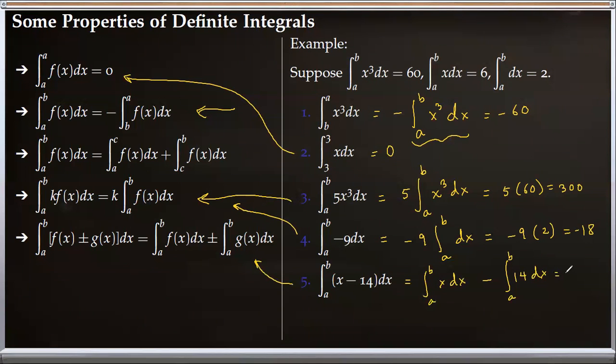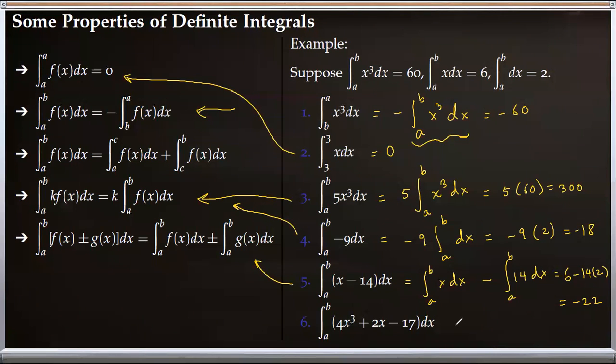So we can write this as the first part here is simply 6 as given. And for the second part, I can write this as 14 times integral of 1. So this will come out to be 14 times 2. And using our calculator, we get 6 minus 28, which is -22. So this is the fifth integral.